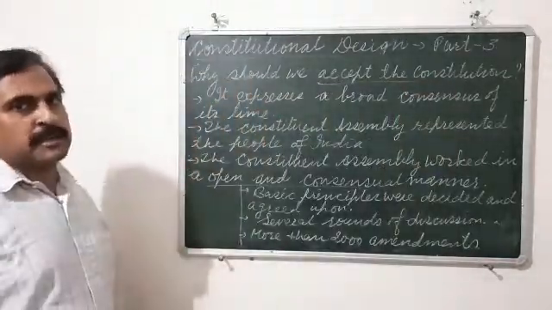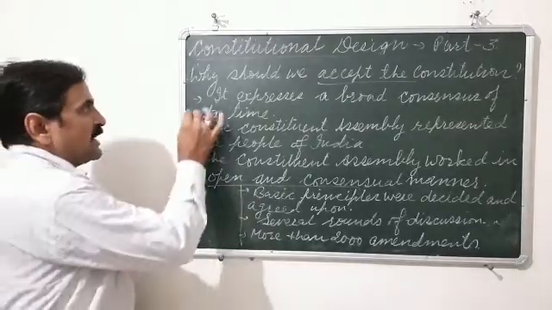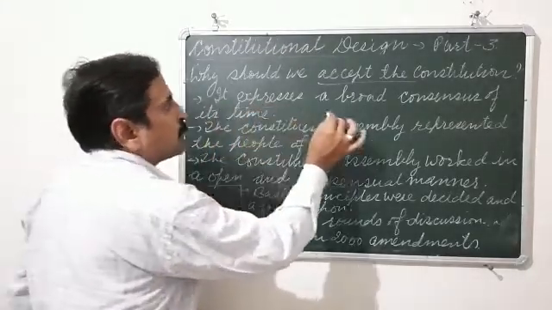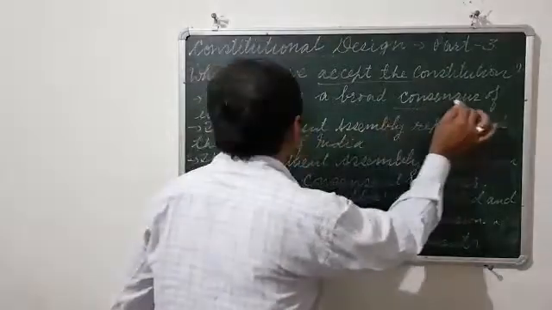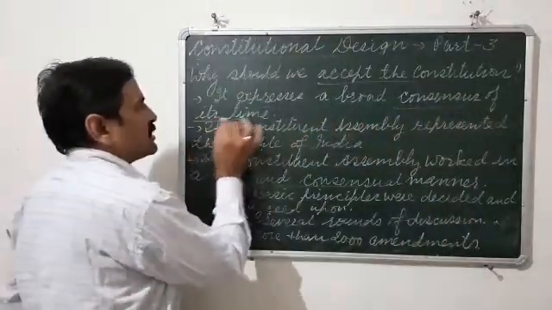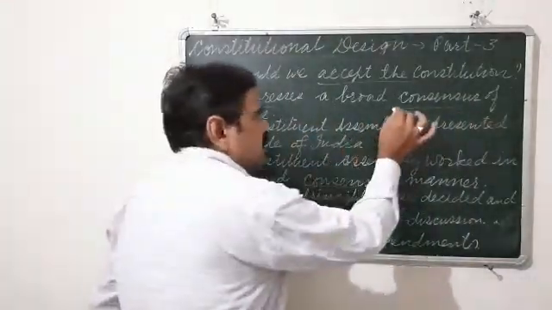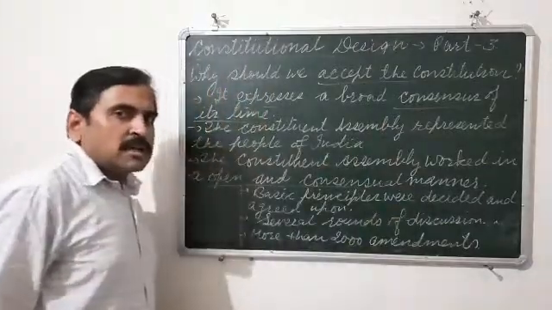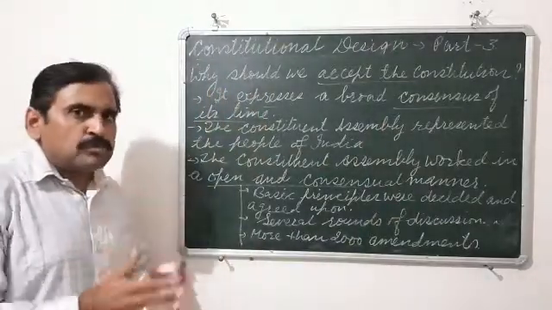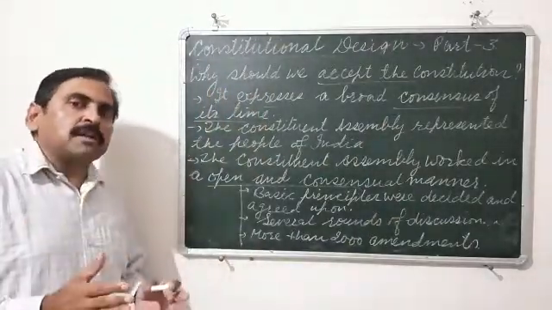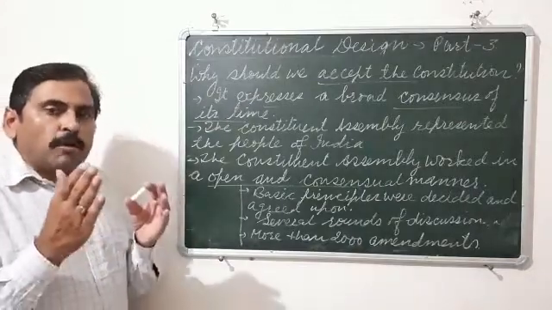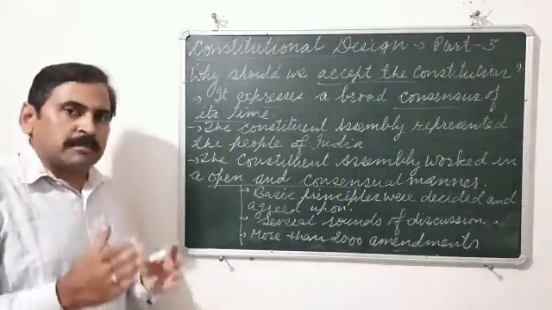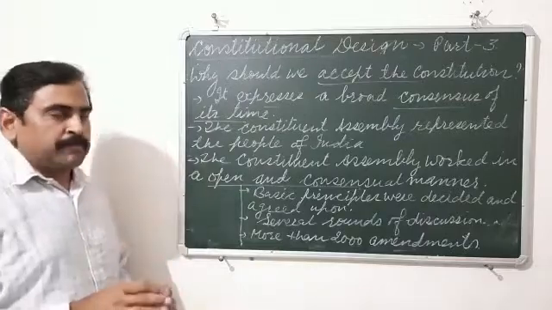There are a few reasons behind it. First, it expresses a broad consensus of its time. Consensus means a general agreement, the views on which all the members of the Constituent Assembly agreed.